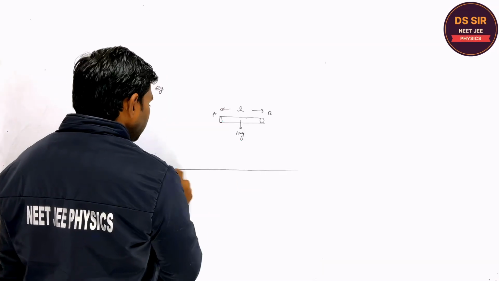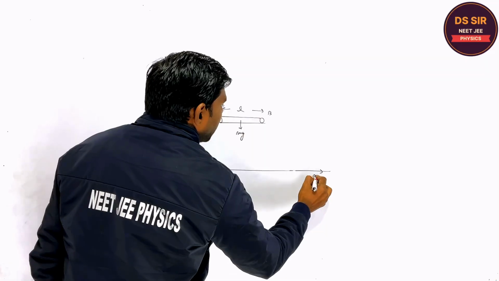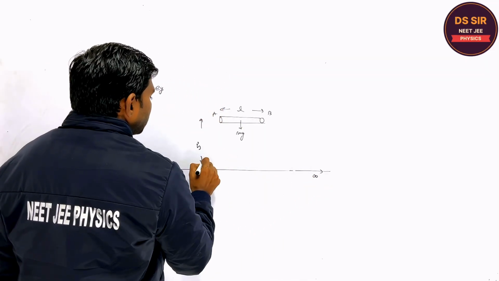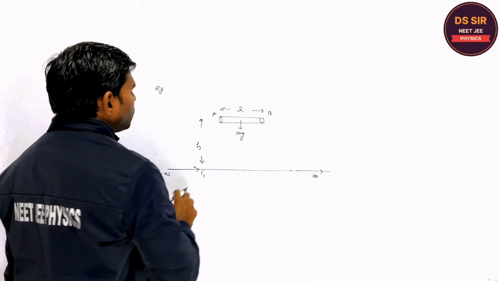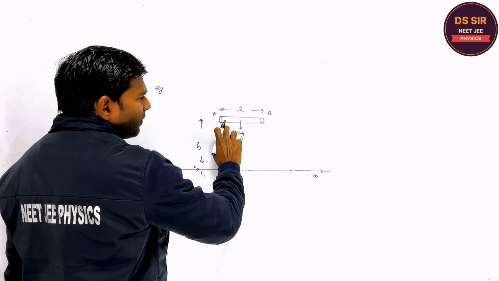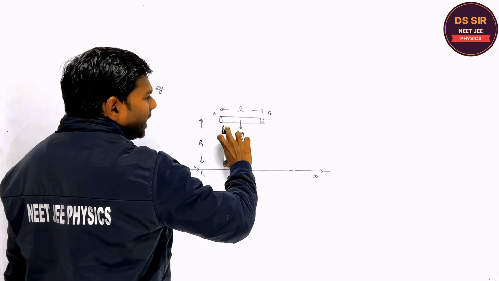So there is another infinite wire, and the current flowing here is I1. This wire is placed at height h.